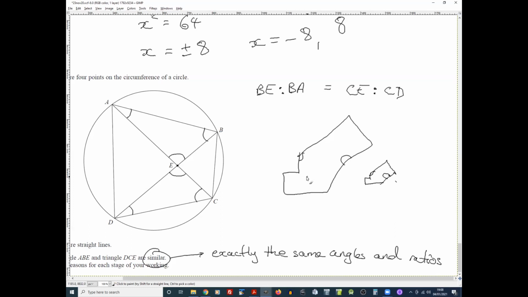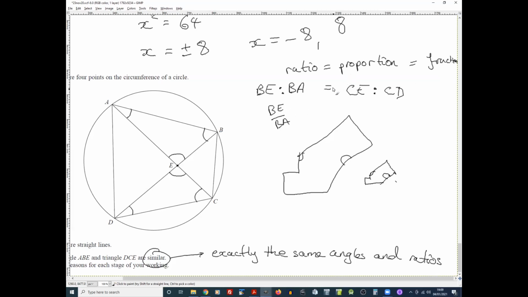The ratio, by the way, another good word for ratio is, what are other words for ratio? Have you heard this one? Proportion. And that is useful because it's used outside of maths as well. You would say that everything is in the same proportions here. That's the mathematical sense of proportion or ratio. Another word is fraction. After all, we could have written these facts like BE over BA.